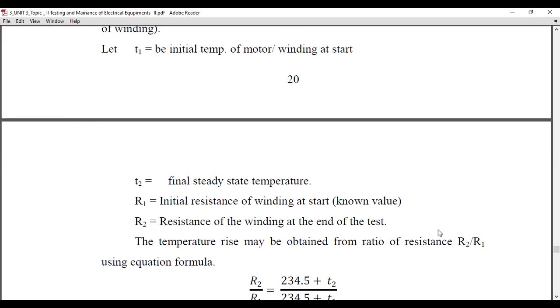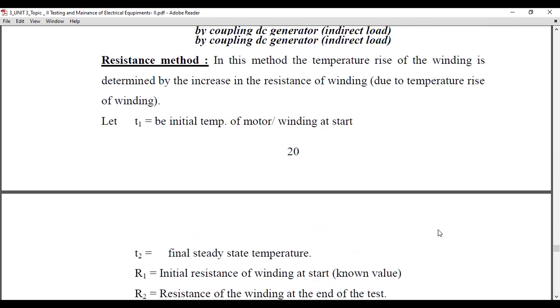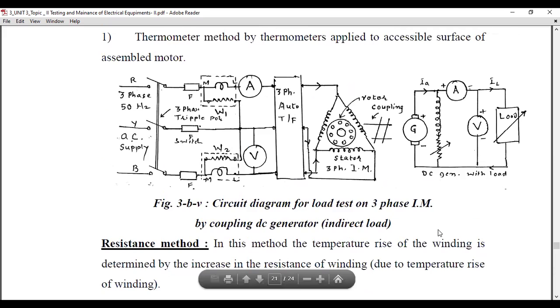Initially we measured the readings, finally we took the readings, like in the polarity test, right? And also the DC resistance test. This test is very similar to transformer testing. Now we will see the practical implementation of the temperature rise test on an induction motor.